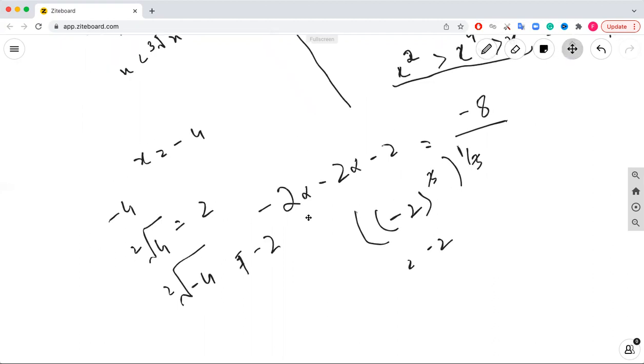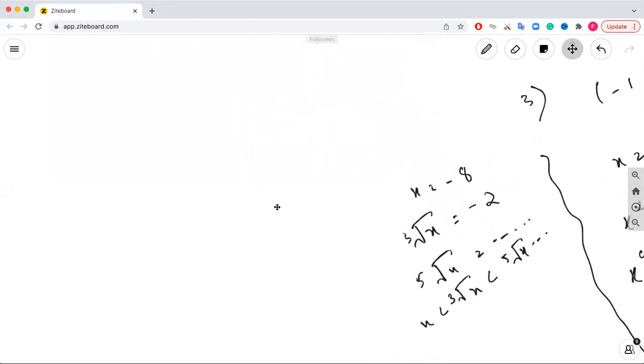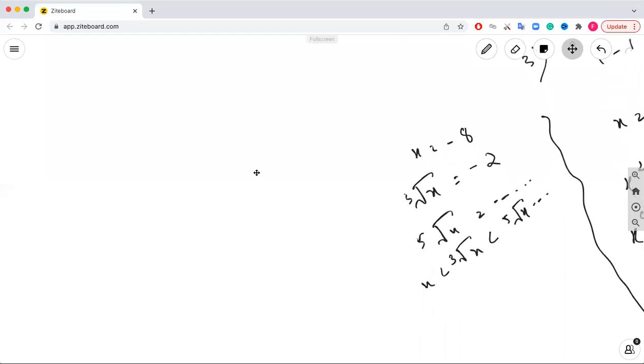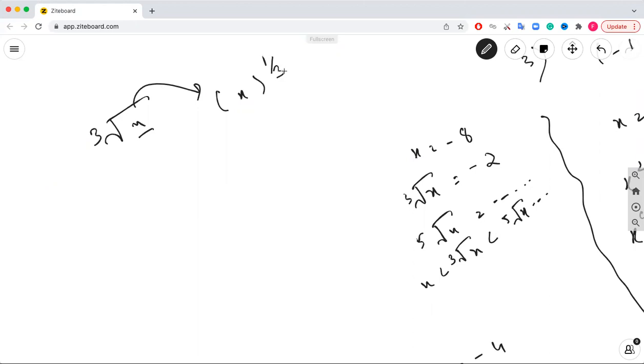Okay. That's why I am being confused. I am confused about -8 and -4. I'm not clear till now. Listen. First, tell me what is actually meant by a cube root. Let's suppose we have x to the power 1/3.